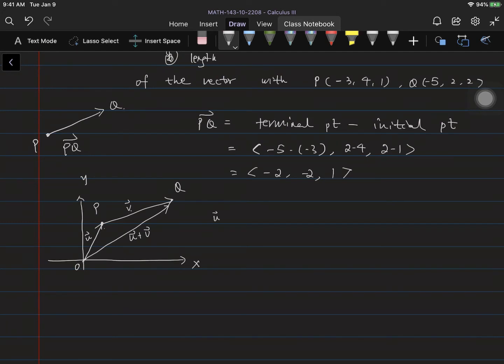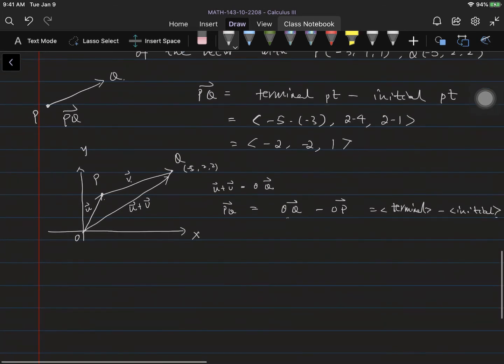OQ is given by the coordinates of Q, the terminal point. So to find V, the PQ vector is the OQ vector minus the OP vector, which is terminal minus initial. That's why we always use terminal point minus initial point.